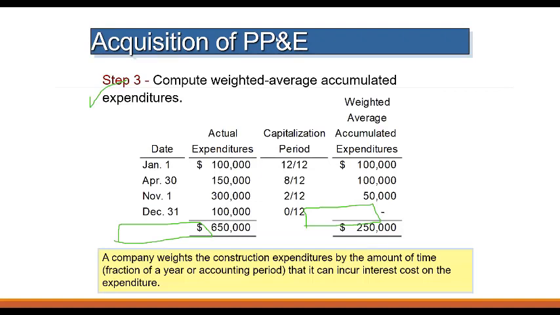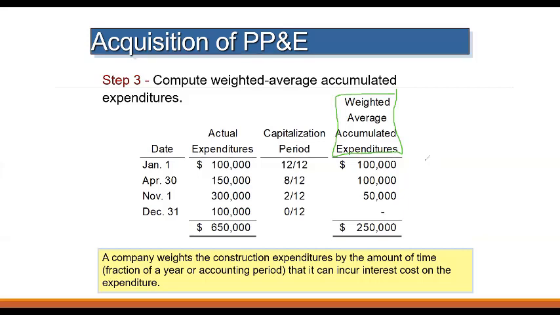What about the third condition? The third condition is the practical part that needs some calculation. Let's see how we can do that. I will first calculate something I call the weighted average accumulated expenditure.